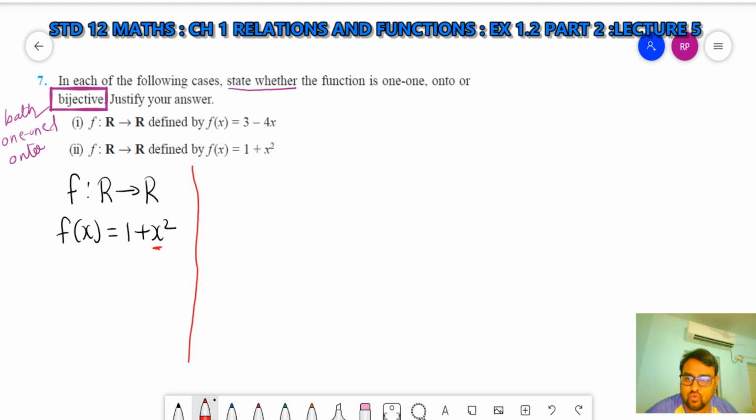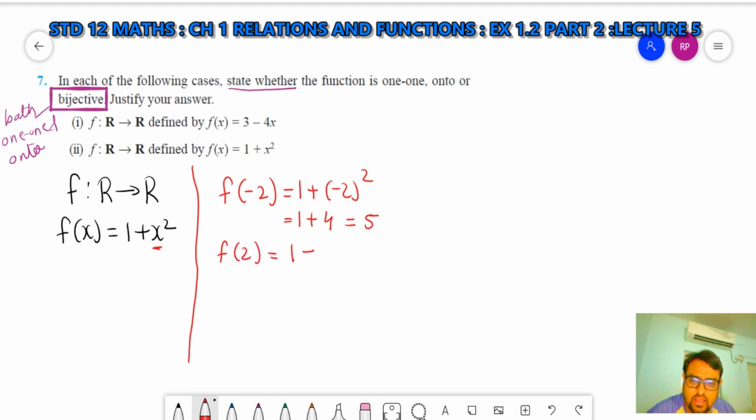What is f of minus 2? 1 plus (minus 2) square, that is equal to 1 plus 4, and that is equal to 5. Now f of 2 will be equal to 1 plus 2 square, again 1 plus 4 equal to 5. So I got the example, right?